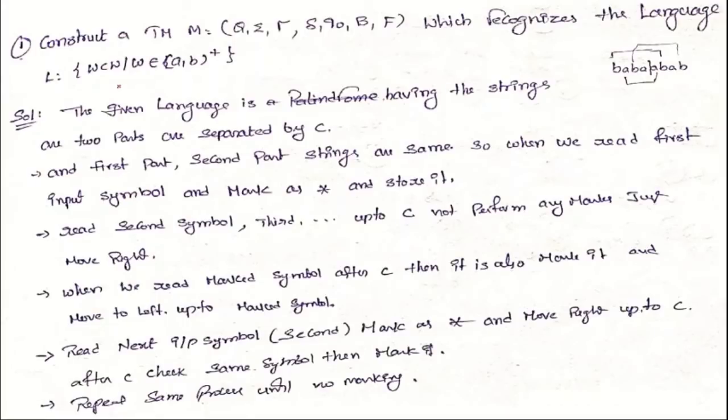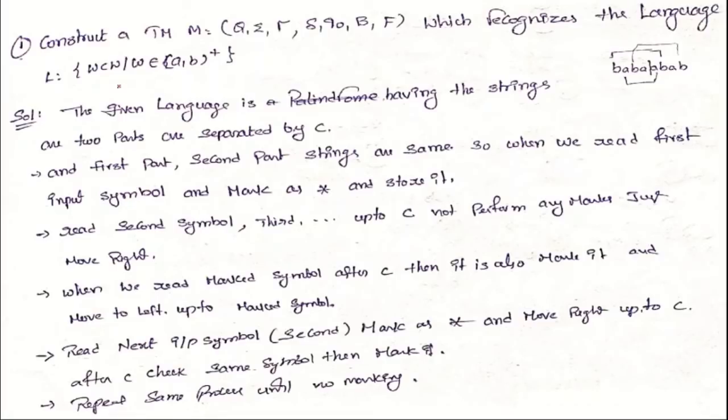The unmarked symbol and previously read input symbol are matched, then the unmarked symbol is converted to an external marked symbol, and we go back to the input tape, that means move left. Then we move right and consider the third input symbol from the string, copy it into memory, and move right until C.